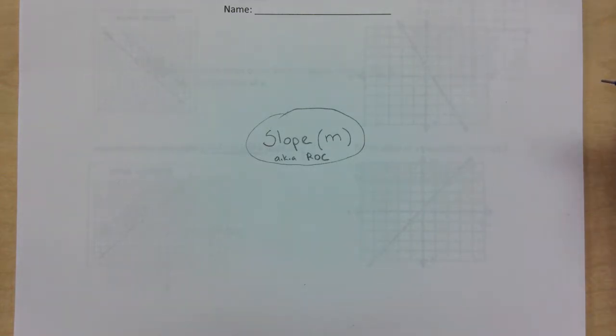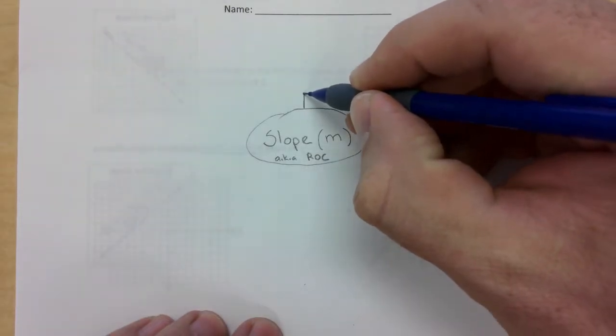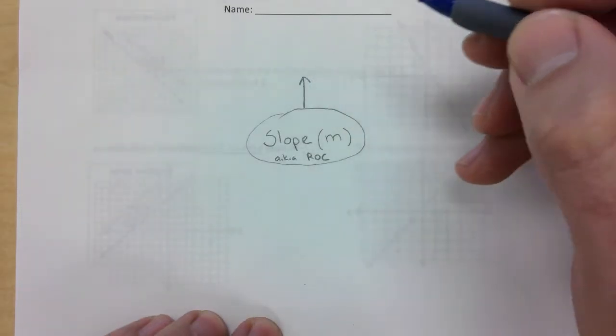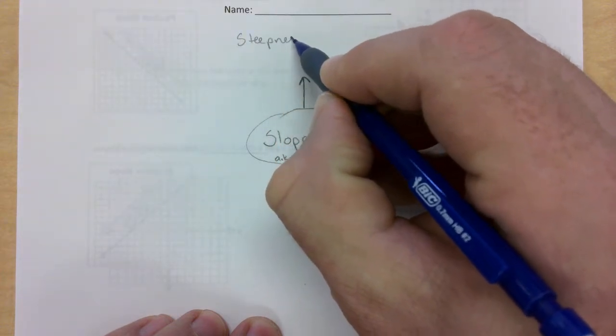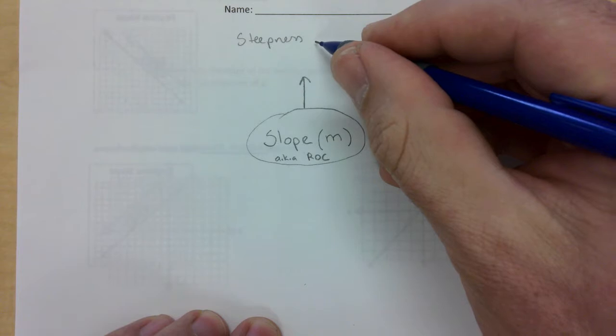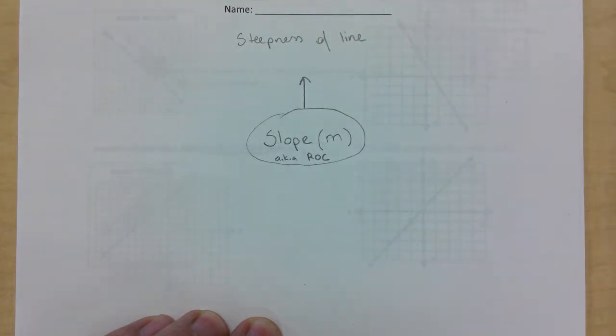So the first thing that the slope tells us about a line is the steepness. Steepness of a line, it will tell us, or steepness of a roof, as you will see in a minute.